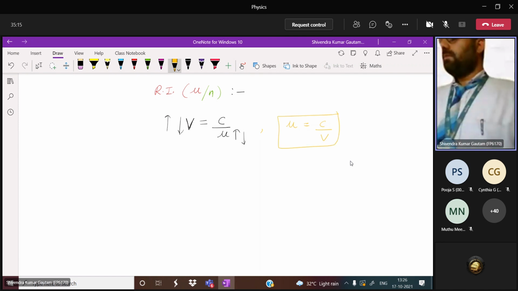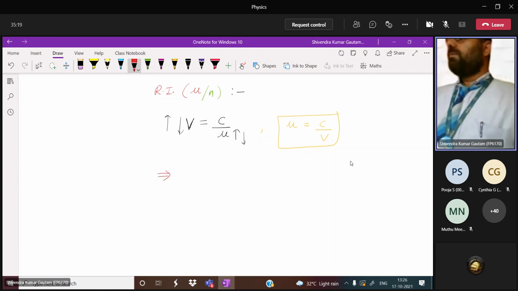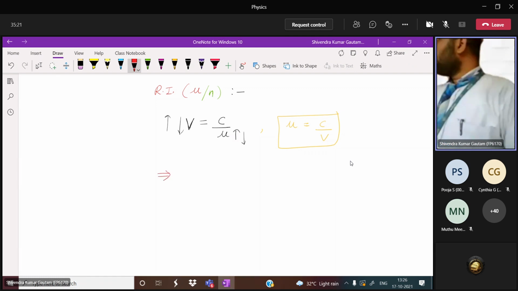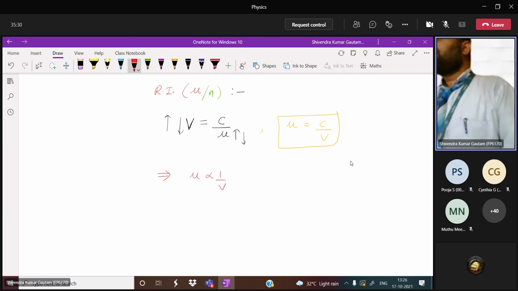Mu is equal to c by v. So mu is the characteristic of medium which decides speed of light. Can we write that mu is inversely proportional to v? c is constant. So mu is inversely proportional to v. More mu, less v. Less mu means more v.